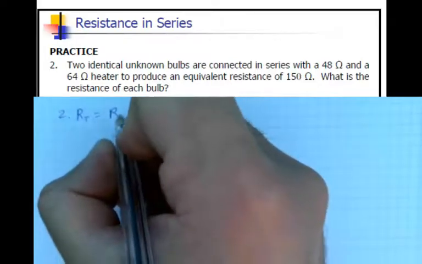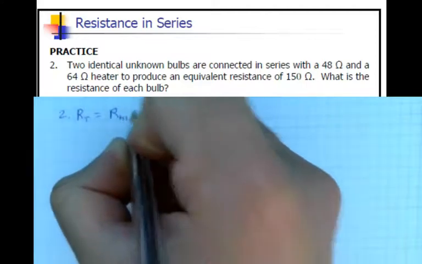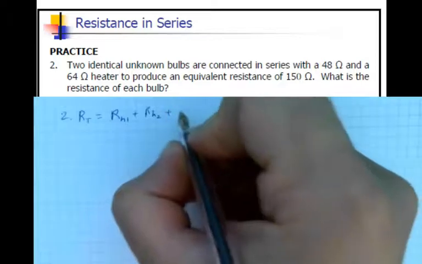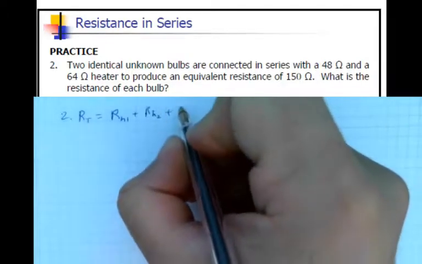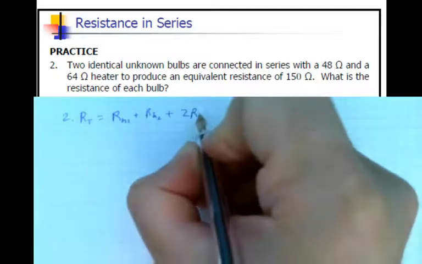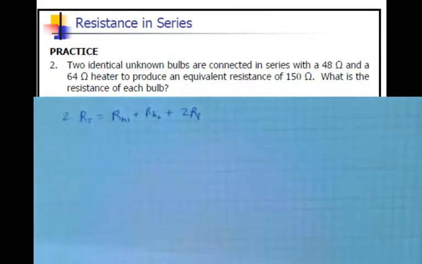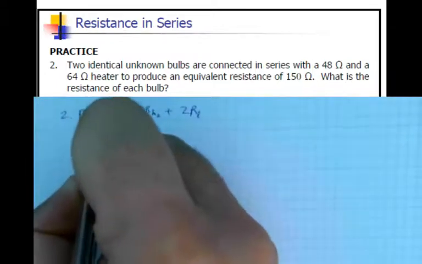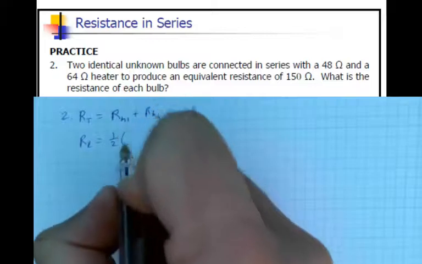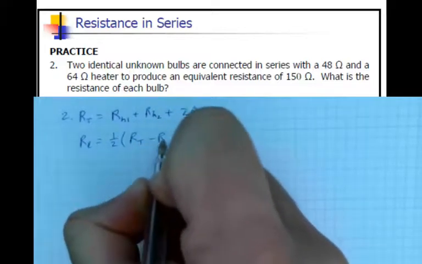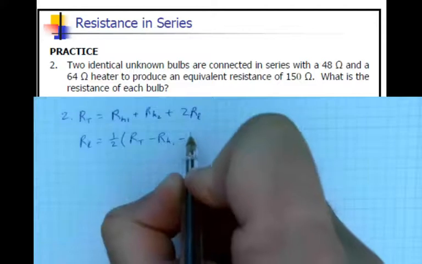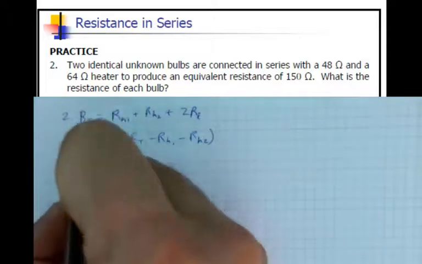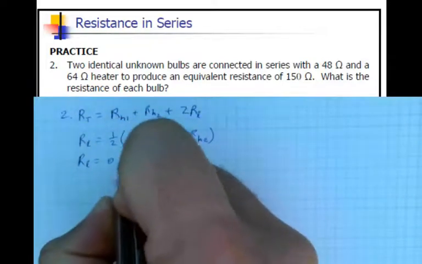Let's call this RH1 for the heater, RH2 for the other heater. And these are two identical unknown light bulbs, RL for light bulb, but there's two of them. So we have to solve for RL. That's the same as RT minus RH1 minus RH2, divided by 2, or times 0.5.